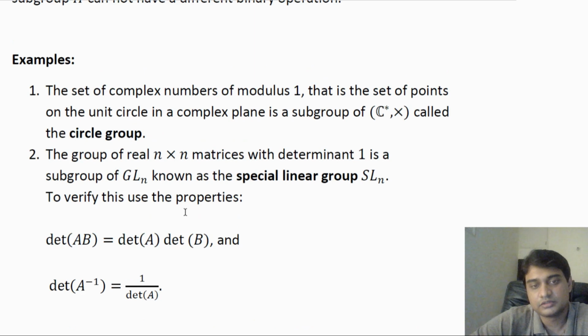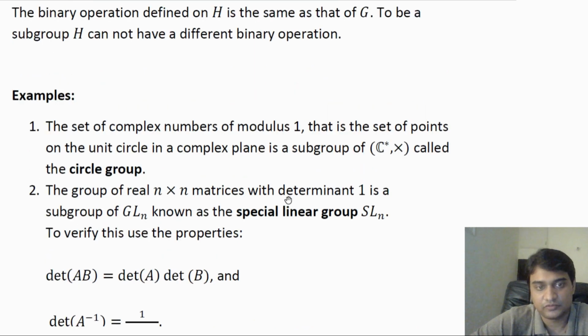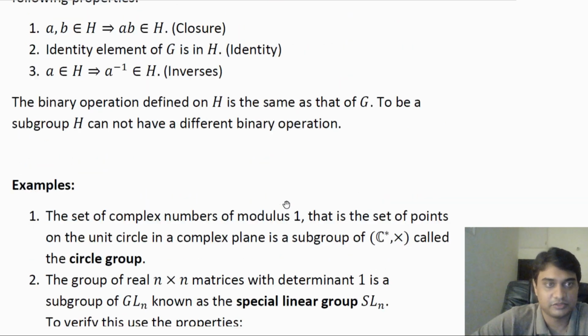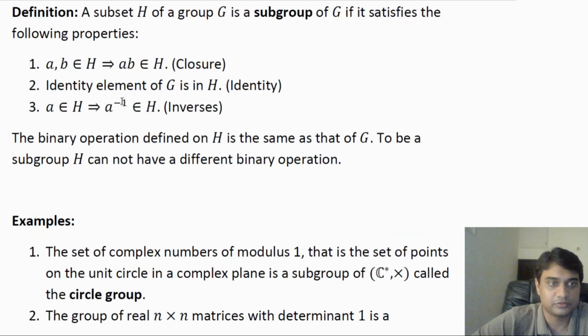Therefore the product of two n by n matrices with determinant 1 is also an n by n matrix with determinant 1. So the closure property holds.